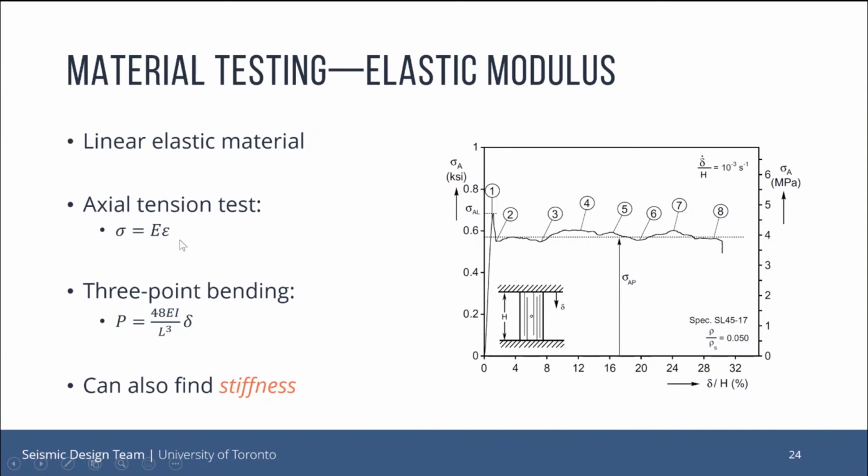This is also the case in another test called the three-point bending test. In this case, we're measuring force and displacement, and you can also flip this around and measure the displacement in response to changes in force. But the idea is the same. The slope corresponds to stiffness, but if we do a linear regression, we can figure out Young's modulus directly, or at least a suitable estimate.